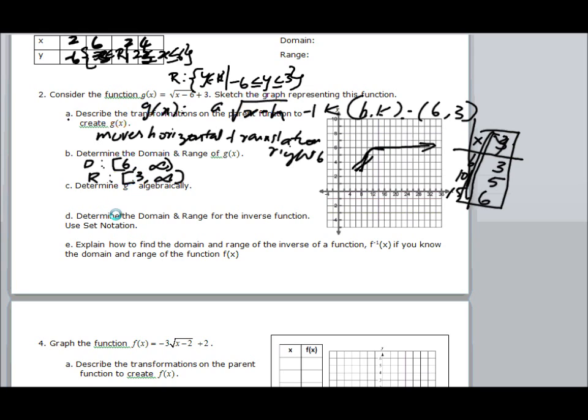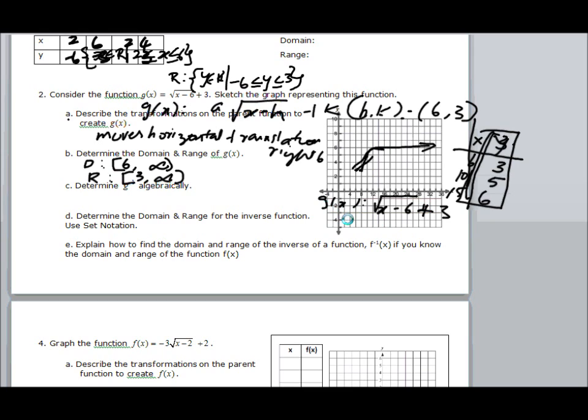It's asking to find g inverse algebraically. So this is where I really want you to focus, guys. I'm going to write a little bit on this graph because I need space to work with. So we have g of x is the square root of x minus 6, plus 3.